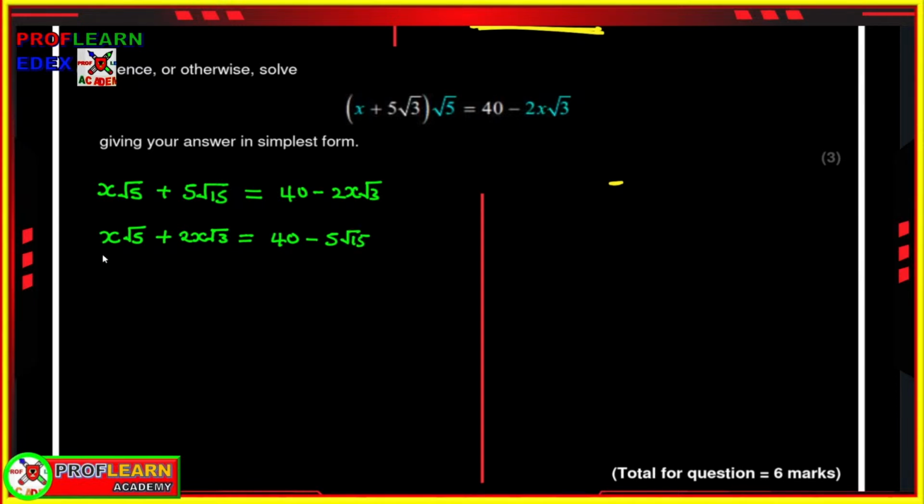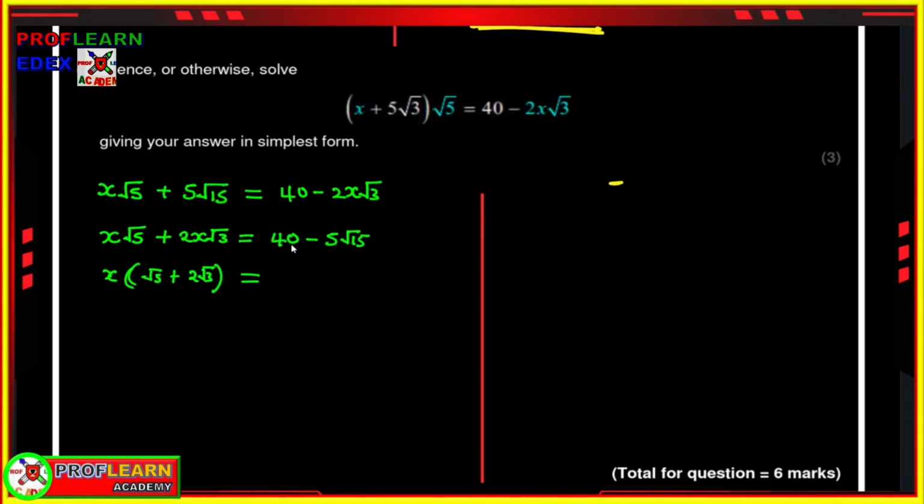Now, if we factor x out here, you can see that we are going to remain with root 5 plus 2 root 3, which is equal to this one.